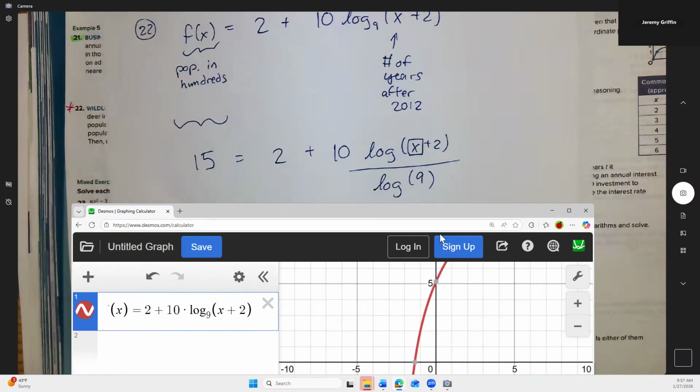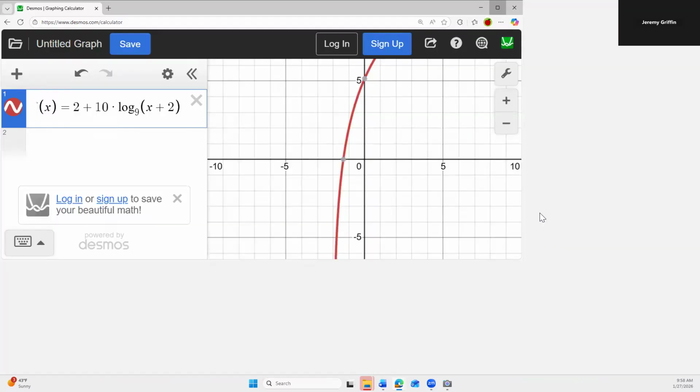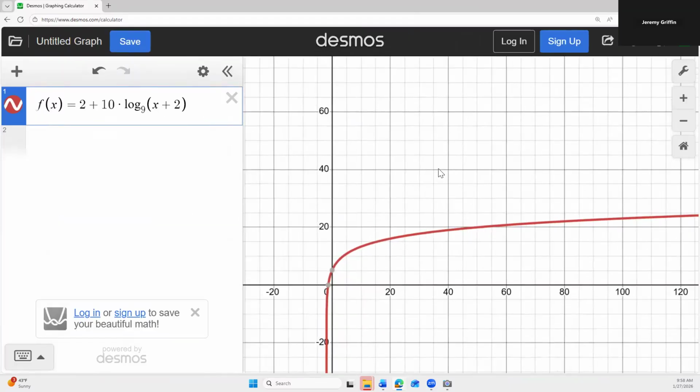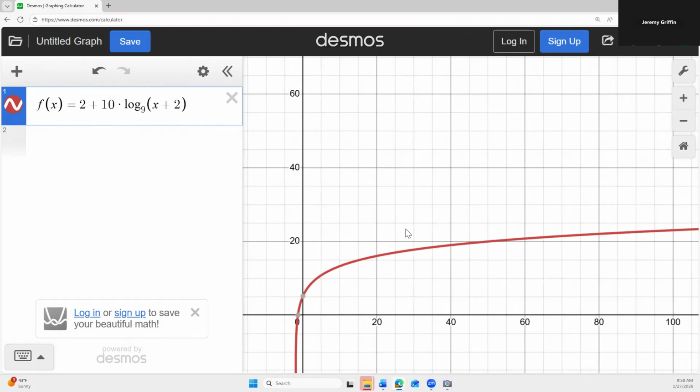So guys, what does this curve literally look like? Looks like this. What was this, a deer population in hundreds? So it looks like in the year 2012 there were like 515 deer. Do you guys see that? And then as the years progress, the population is growing, but at a slower and slower rate. So that's what we're looking at.